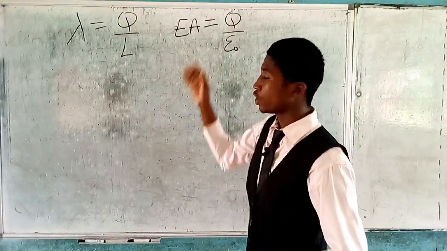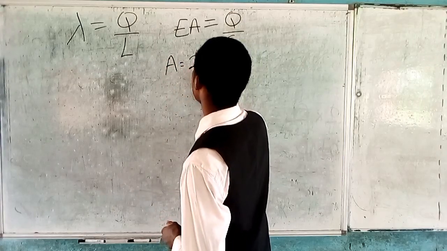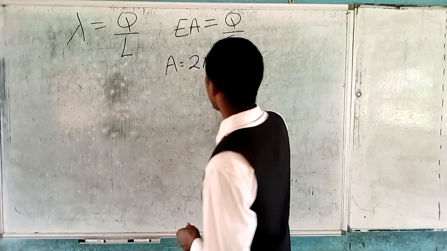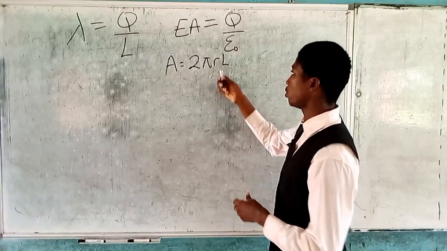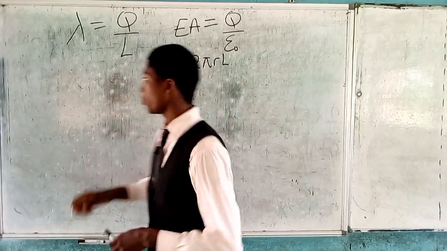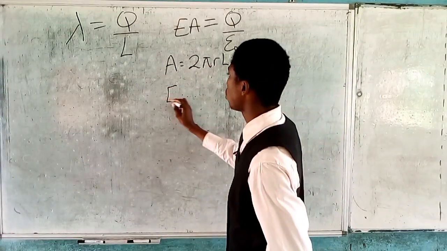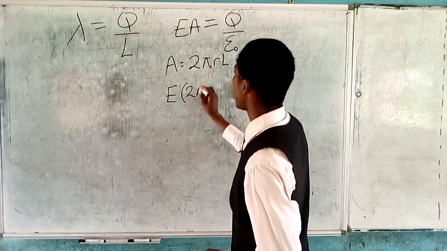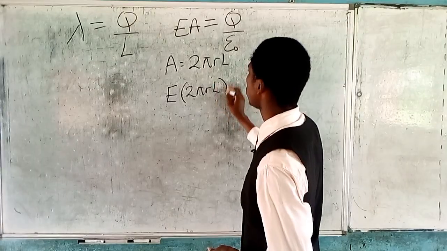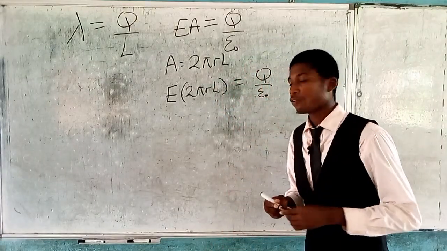Now, what is the surface area of a cylinder? The surface area of a cylinder is 2 pi RL, where R is the radius, and L is the length. Now, if you impute this in this equation, you have E multiplied by 2 pi RL equals charge over what? The permittivity of free space.